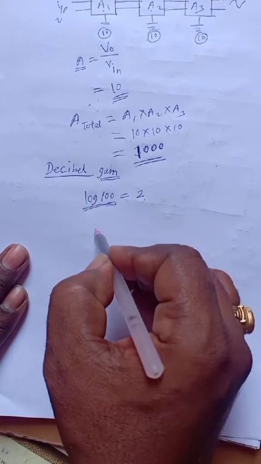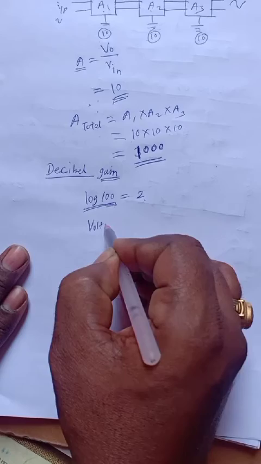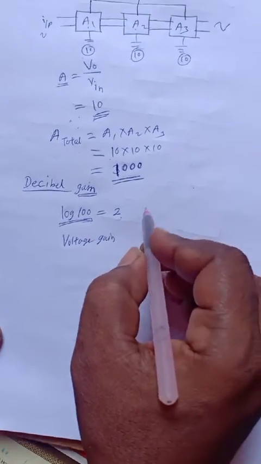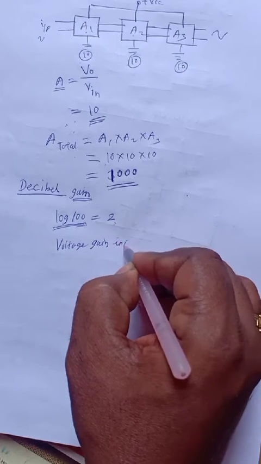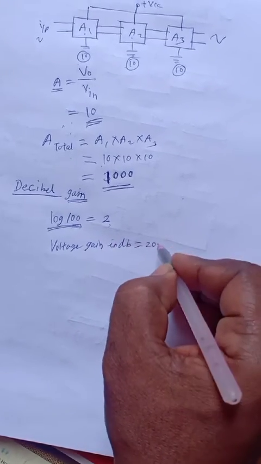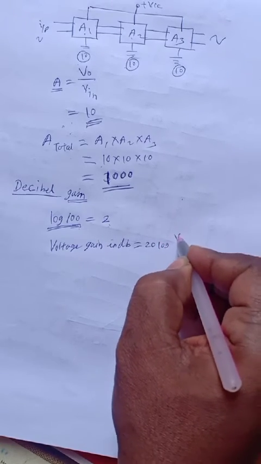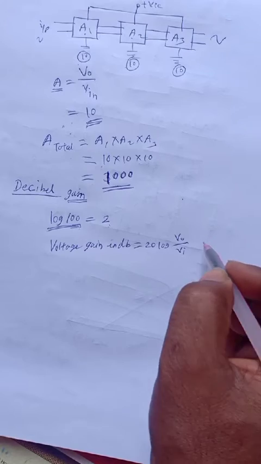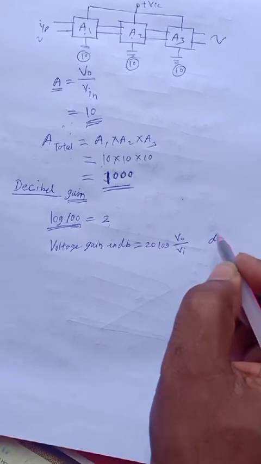So the voltage gain in dB equals 20 into log of Vo divided by Vin. Okay, so this is in decibel.